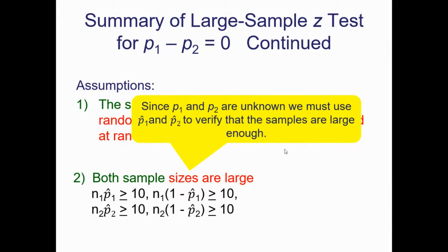Since P1 and P2 are unknown, we must use P1 hat and P2 hat to verify. Usually we want to stick with P, but we can't. We don't know P. That's why we're having to do that whole P bar deal.